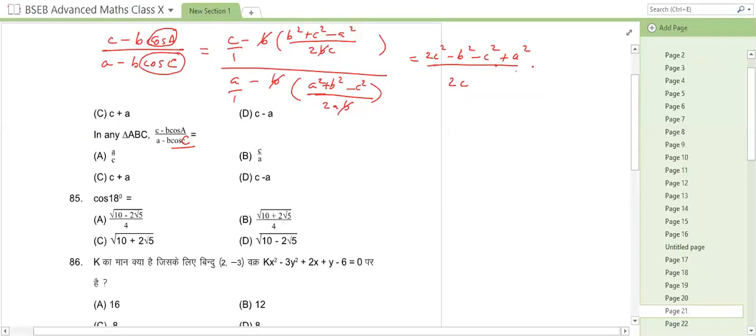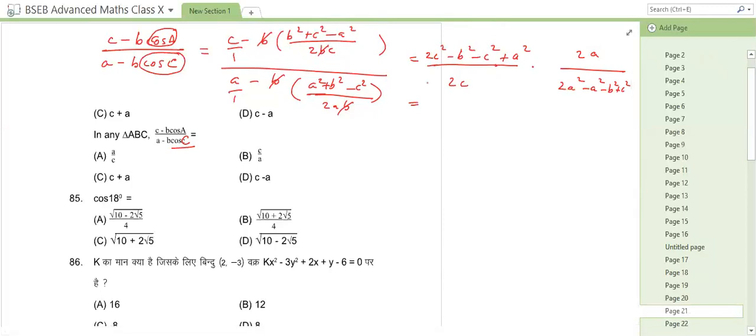And similarly for the bottom over here, we should have 2a on top, and for the denominator, 2a², minus a², minus b², plus c². It should be a² + b² − c² over 2.